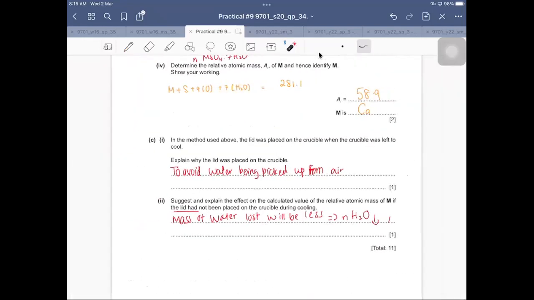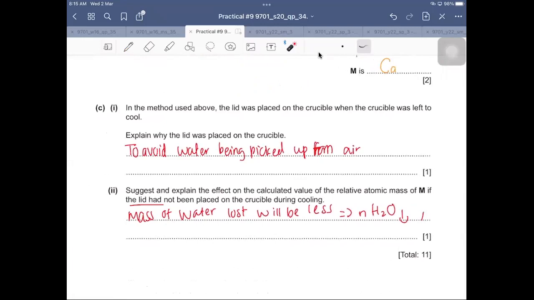Moving on to the explanation. In the method used above, the lid was placed on the crucible when the crucible was left to cool. Now, the most common reason that I see to explain why the lid was placed on the crucible, some of you said, is so that the water doesn't escape.